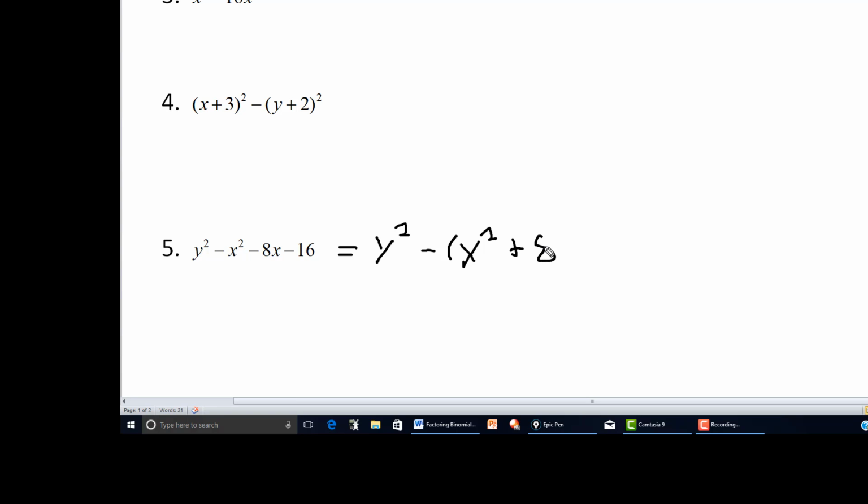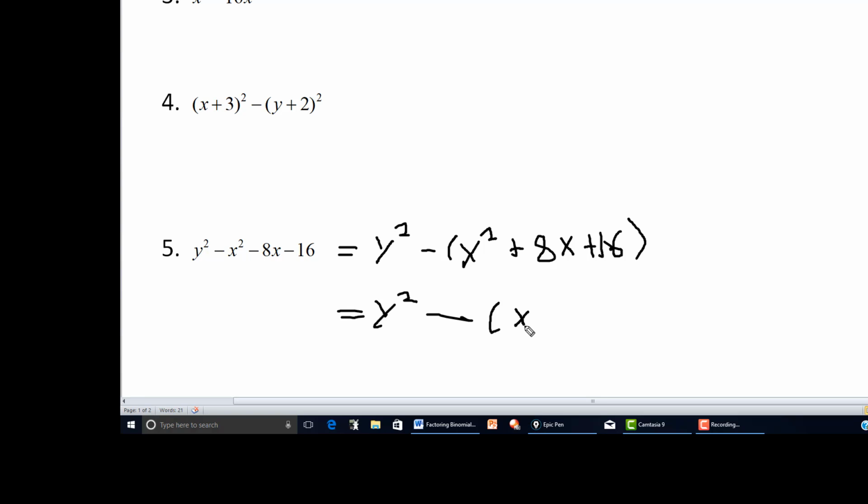so this becomes y squared minus, and in the parentheses, x squared plus 8x plus 16. Then the trinomial in the parentheses, x squared plus 8x plus 16, factors into x plus 4 and x plus 4.